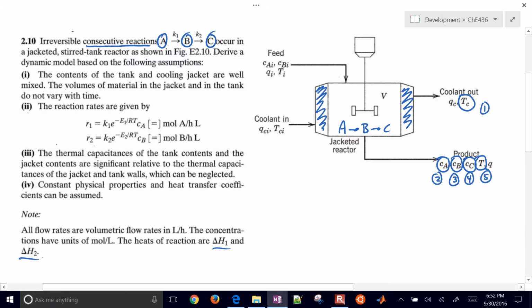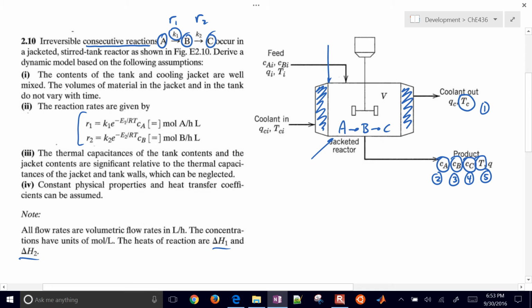A couple other things that we can assume here, these reaction rates right here. So this is our reaction 1 dictated by this K1 value here, rate constant, and then we have a reaction 2 from B to C. We can also assume that the thermal capacitances of the tank contents and the jacket contents are significant relative to the thermal capacitance of the jacket walls or the tank itself.